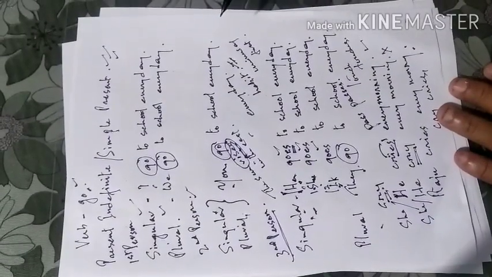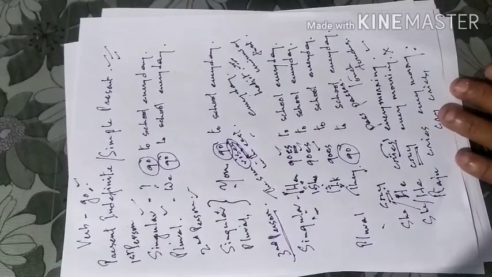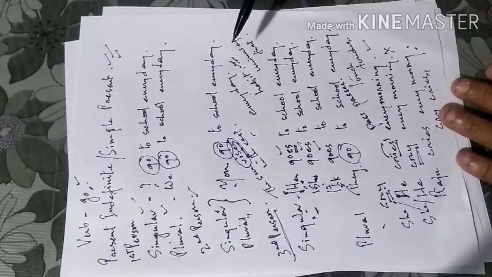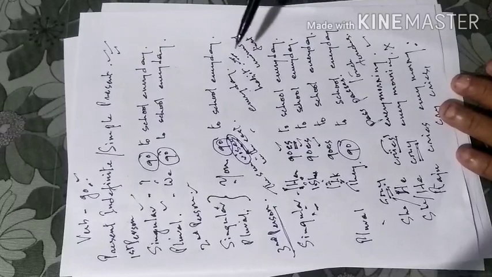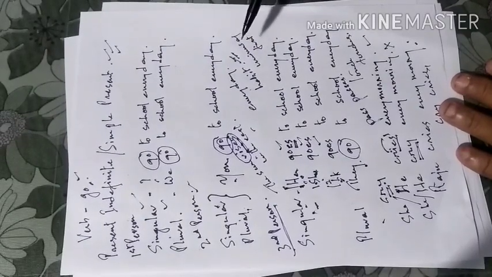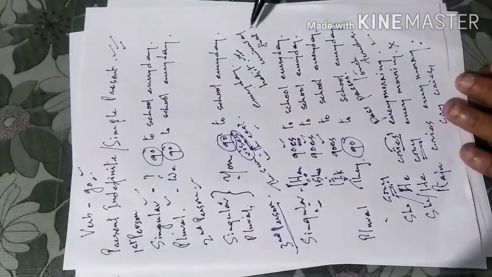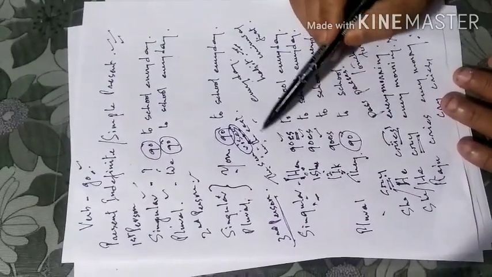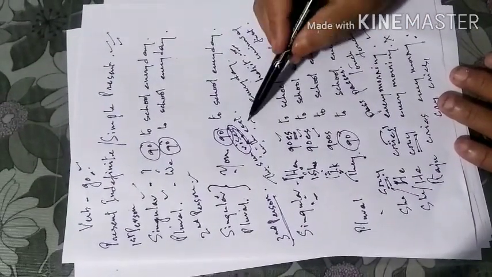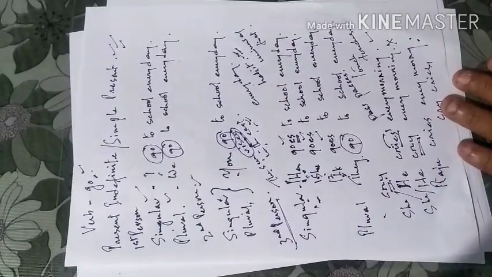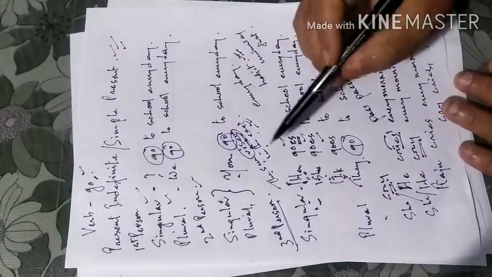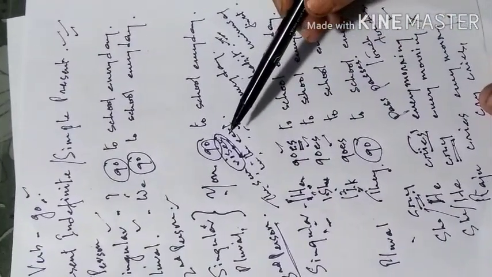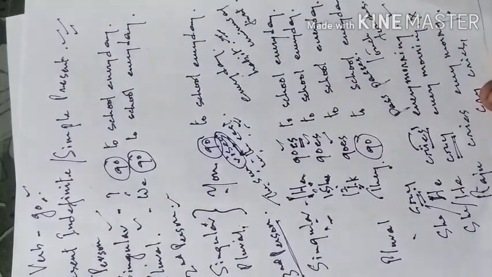Present indefinite is used to express things that we do all the time, normally, like every day, then habits, then universal facts. For example, the sun rises in the east. This is a universal truth which will never change. So we use the present indefinite here. The sun rises in the east.